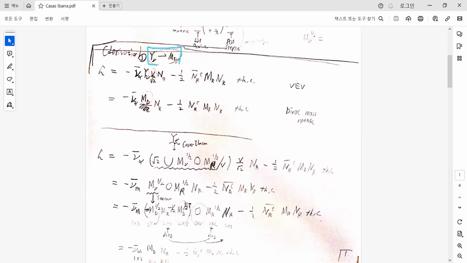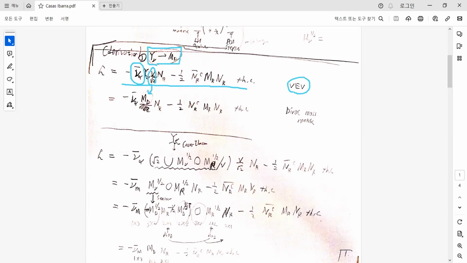discuss the direction from the Yukawa matrix to the Dirac mass matrix. So this is the Yukawa mass matrix. In this case, the Higgs gets the VEV, so the Higgs doublet gets the VEV. So the neutrino parts of the lepton doublet appear, and it becomes the Dirac mass matrix.